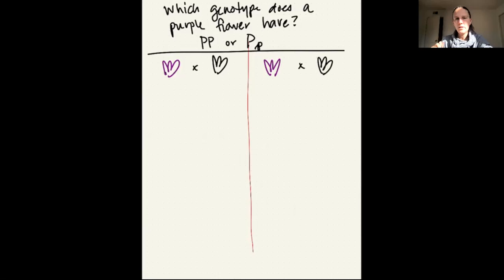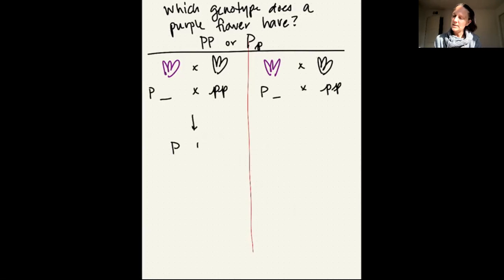So look at the two possibilities. What we know is that we have our genotype for the white flower, little p, little p. So let's just try it out and see what we get.